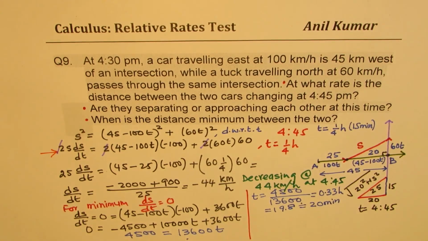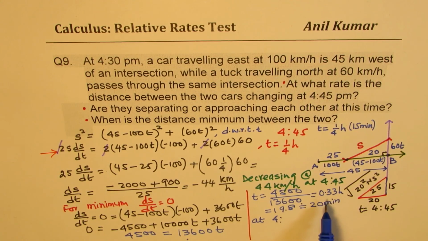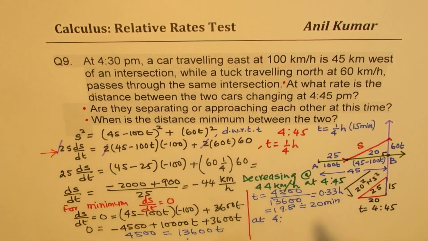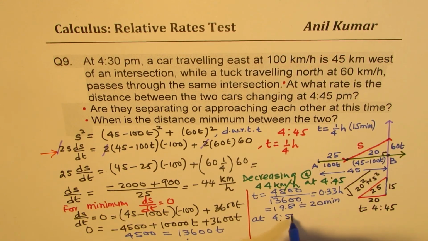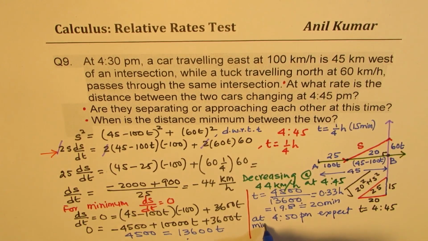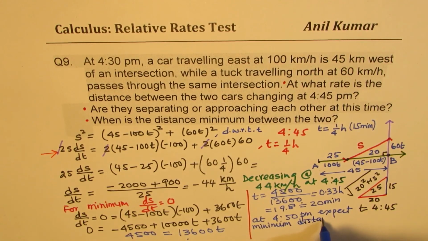So the minimum distance will be around 4:50. If I add 19.8 minutes, we can just add 20, so around 4:50 p.m. we expect the minimum distance between the two, correct?